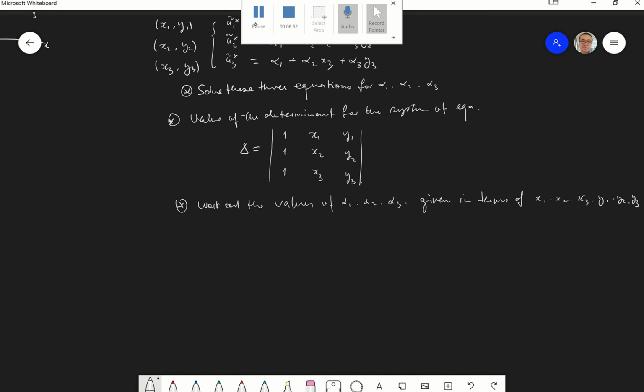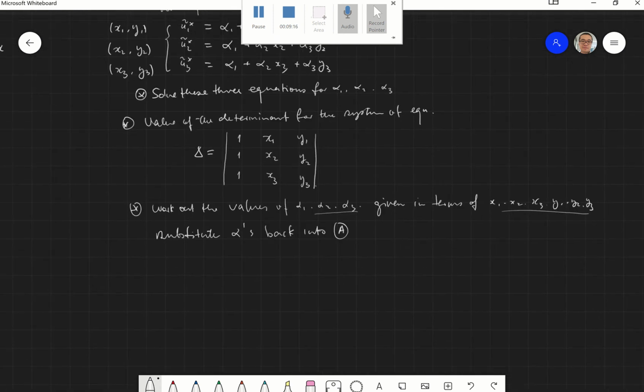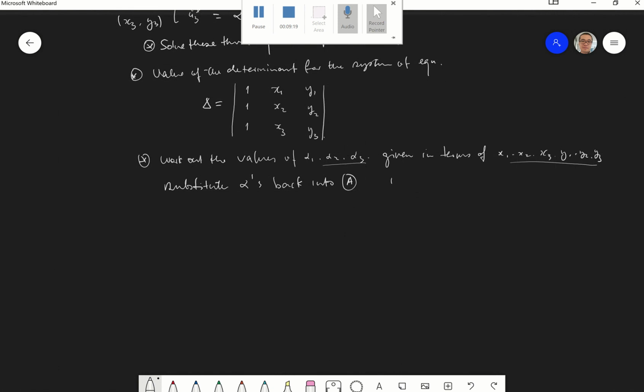So we'll be able to work out these three alpha values based on the coordinates, and then we substitute the alphas back into equation A, so we can get the relationship for ux, the displacement of an arbitrary point in the element in the x direction, as a function of these.